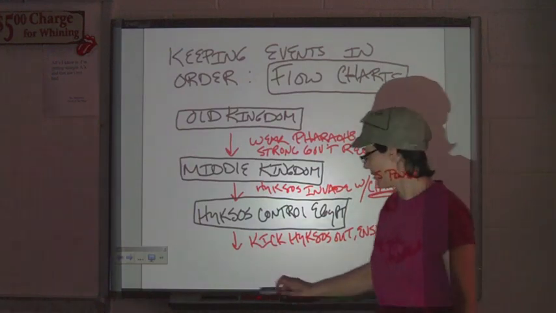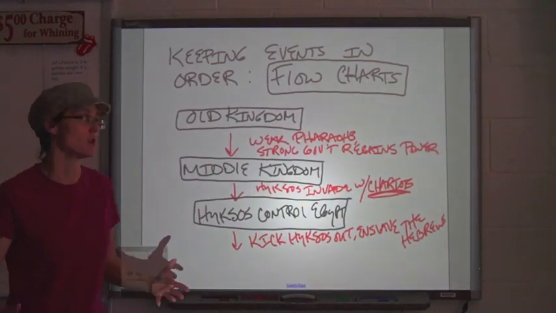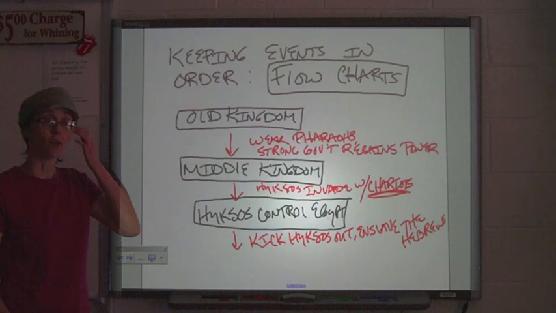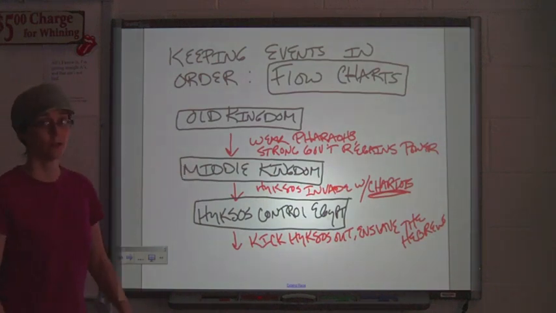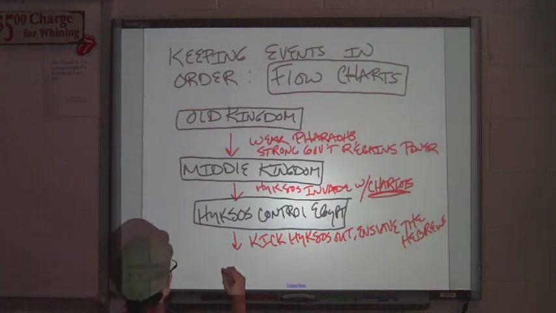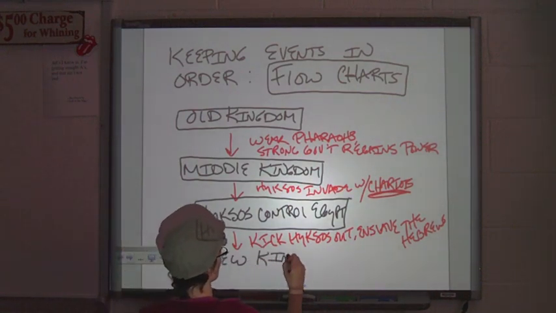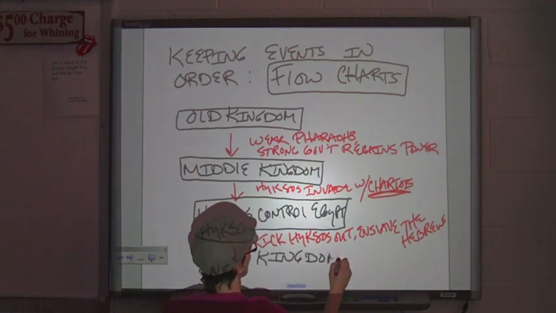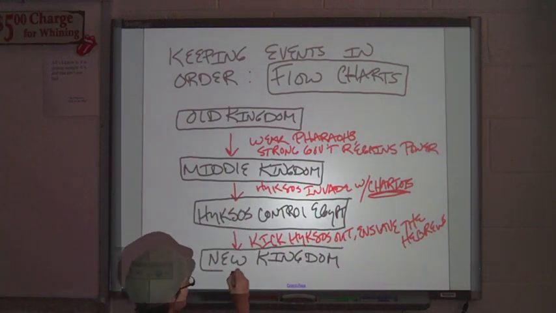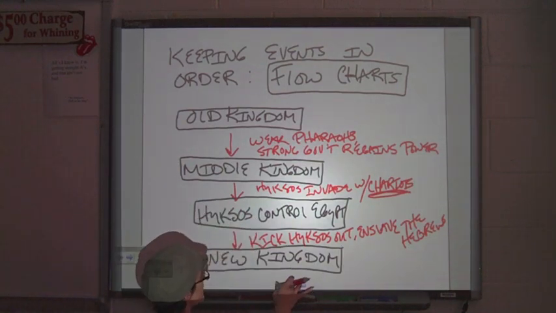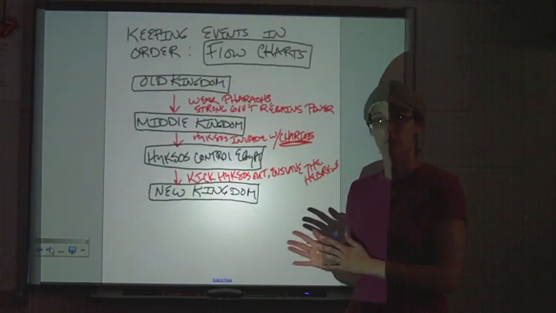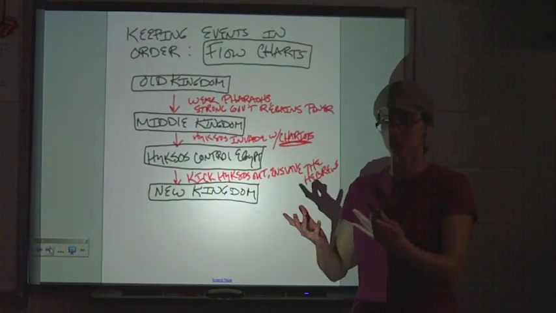All right. So after they get rid of the Hyksos, they take back over, and this is what leads us to the New Kingdom. During the New Kingdom, we've got all those pharaohs that you need to study.